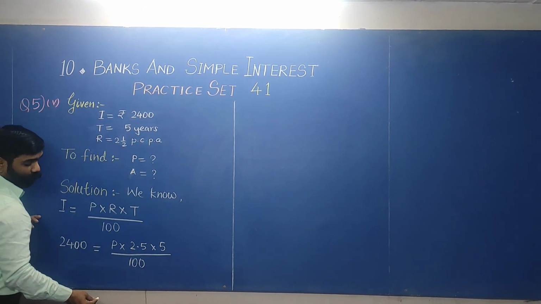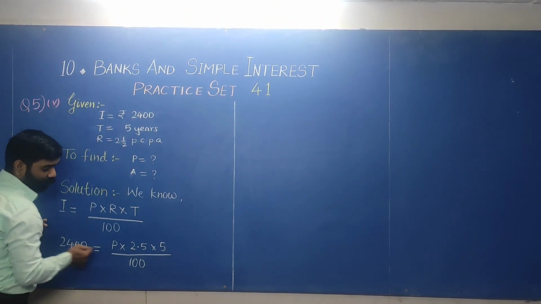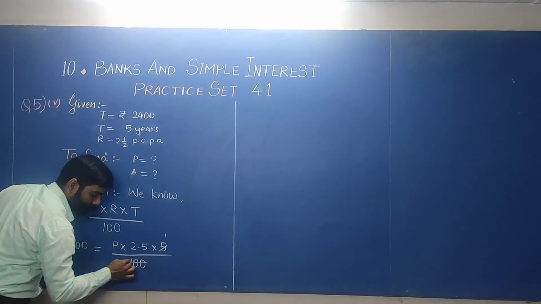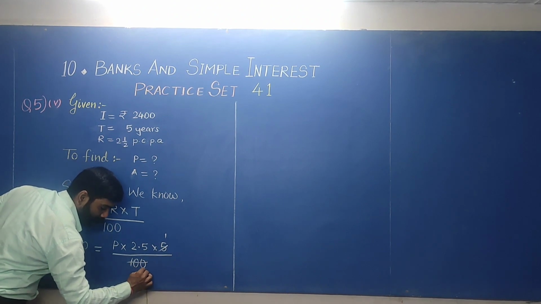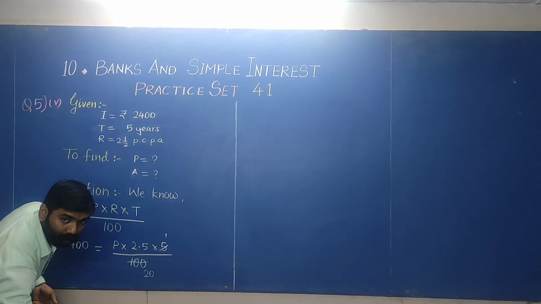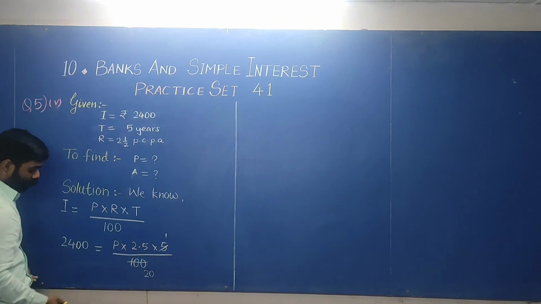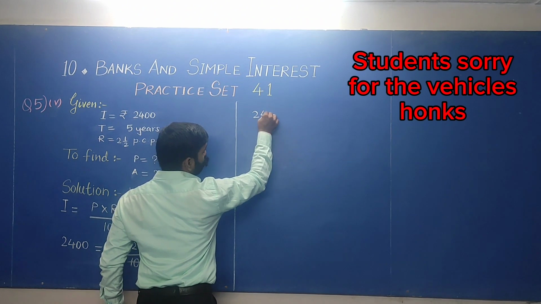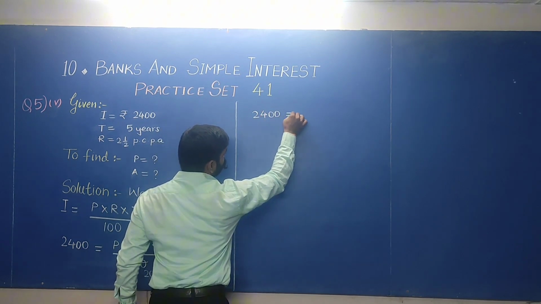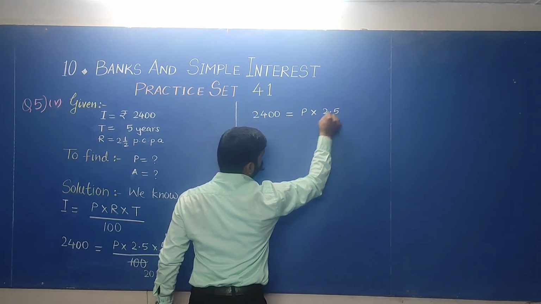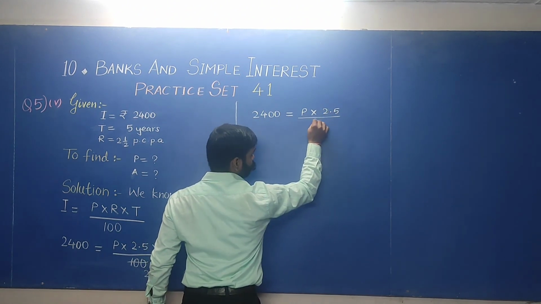Okay, so what we will do, we can directly cancel it. 5 ones are 5, 5 twos are 10, 5 zeros are 0, so 2.5 and 20. Now I am cancelling that point. 2400 is equal to P into 2.5 upon 20.